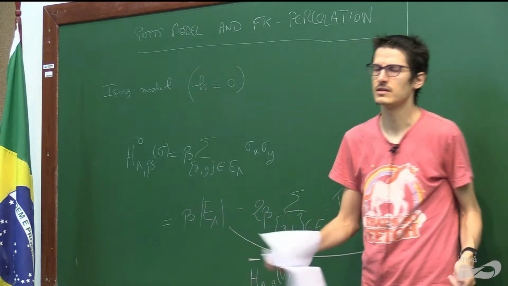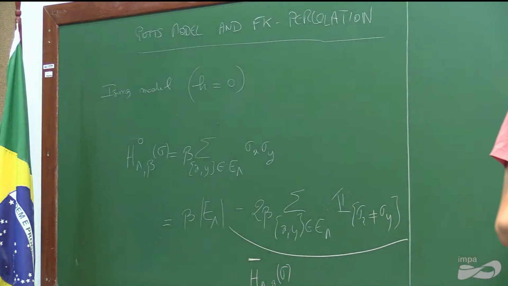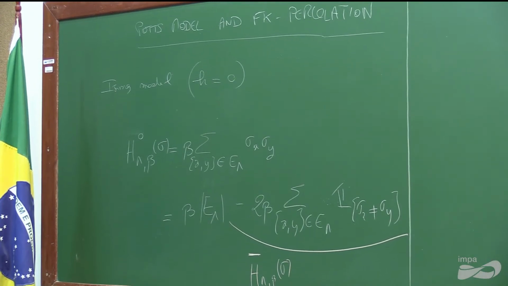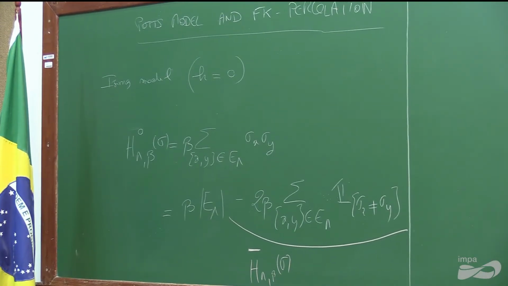Because adding a constant to the Hamiltonian just changes the Gibbs weight and the partition function by the same factor. So when you look at the Gibbs distribution, you have exactly the same thing.